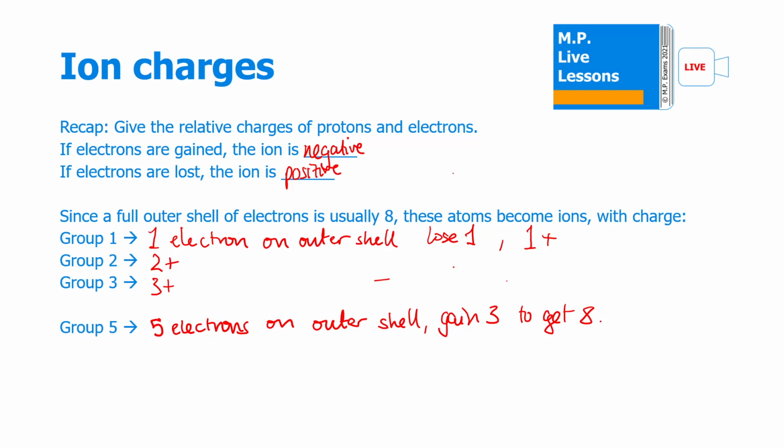That becomes an ion with a charge of 3 minus. Group 6, they have 6 electrons, they need to gain 2, so they become ions with a 2 minus charge. And group 7, they have 7 electrons on their outer shell, they need to gain 1, and that means they become ions of a 1 minus charge.